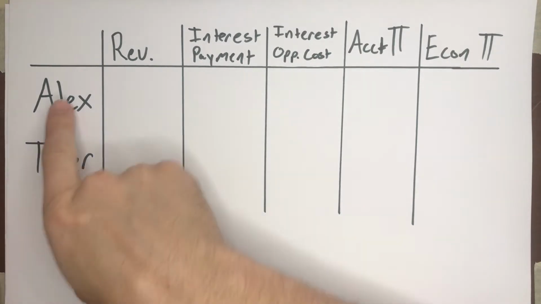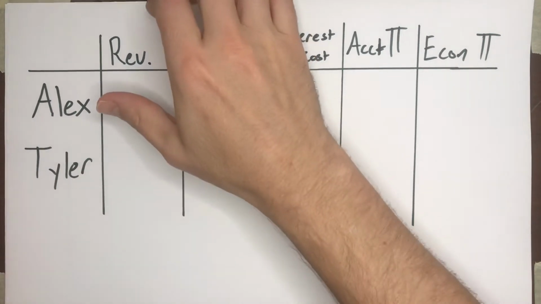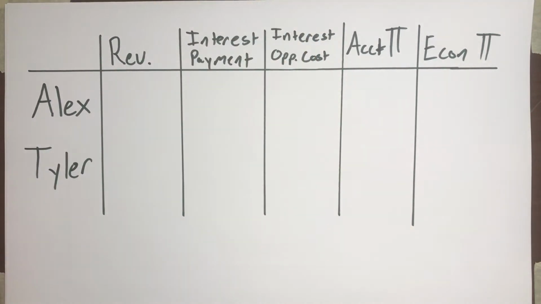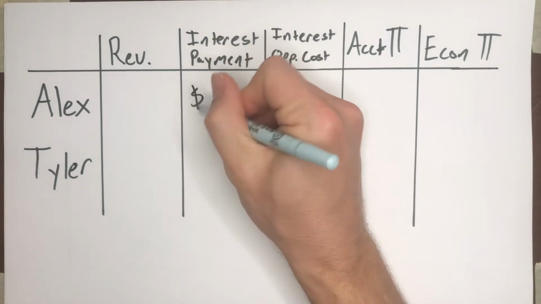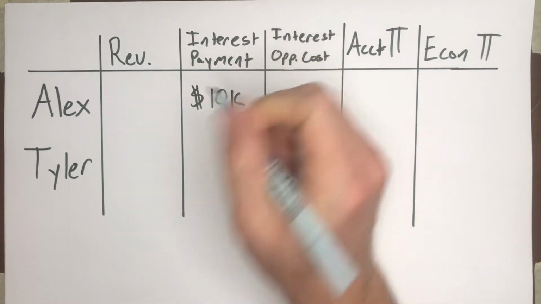Imagine that Alex and Tyler, who incidentally are the first names of the textbook authors, each decide to drill an oil well in their backyard, which costs $200,000. Alex borrows the $200,000 from a bank at a 5% annual rate of interest, so Alex must pay the bank $10,000 per year. That's going to go in this column. The interest payment would be $10,000 per year.